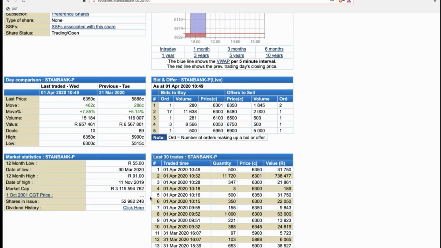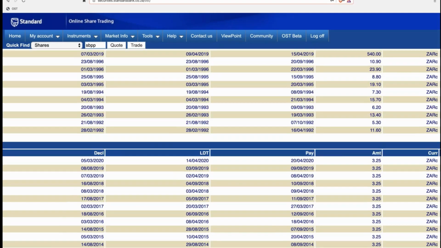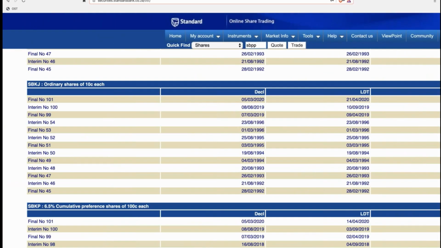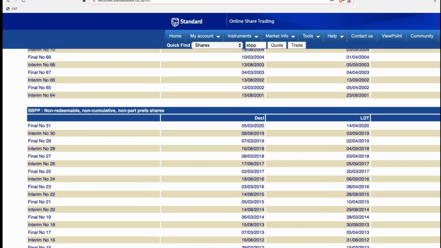And what's very important, and we saw it here, let me go to there. So let's go to the SBPP, which is that one there. Non-redeemable. In other words, you can't force Standard Bank to buy it back at its 100 Rand nominal value. Non-cumulative, which means that dividends don't accumulate. In other words, if they skip a dividend, sorry for you.